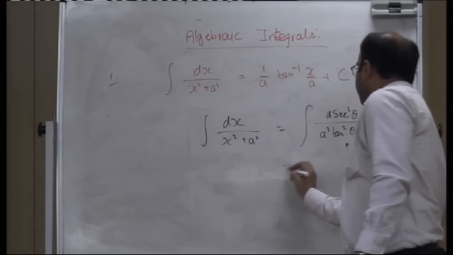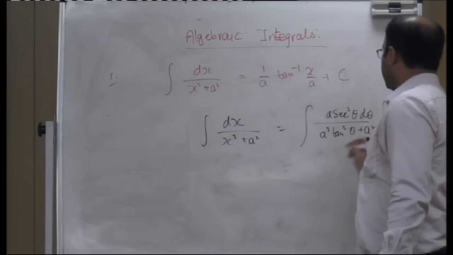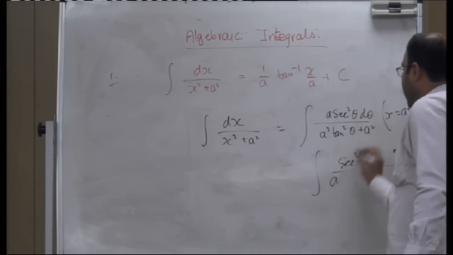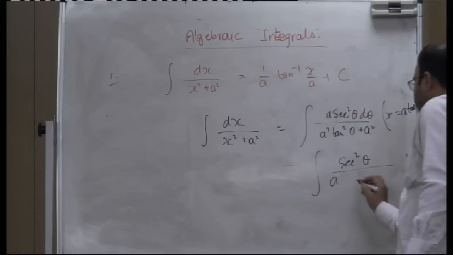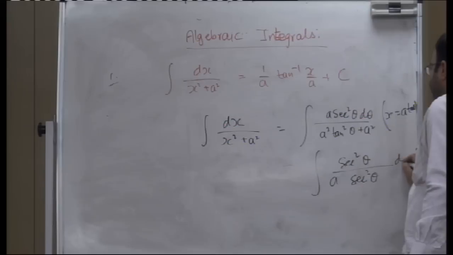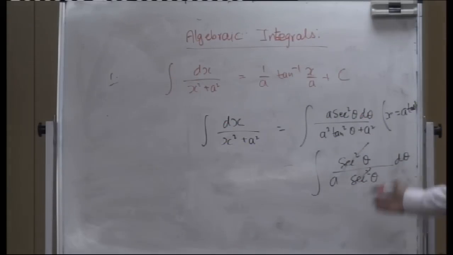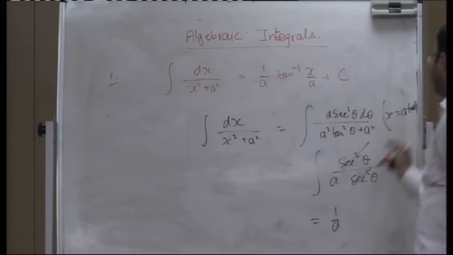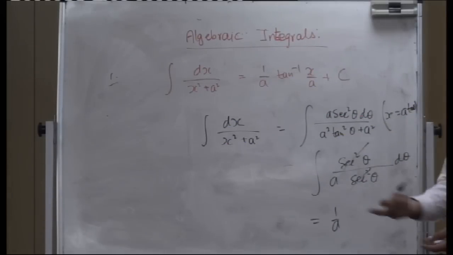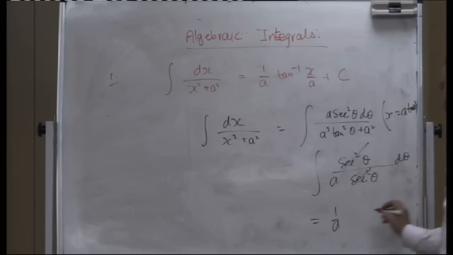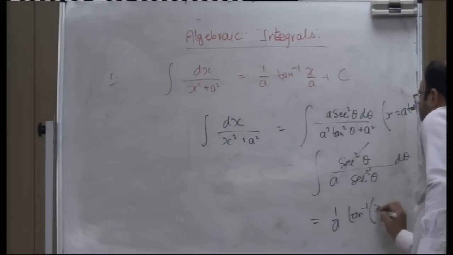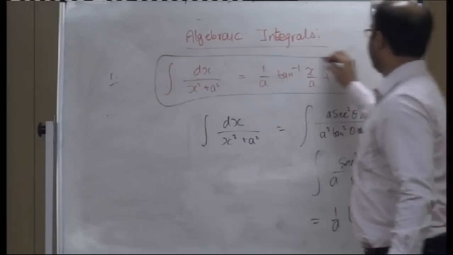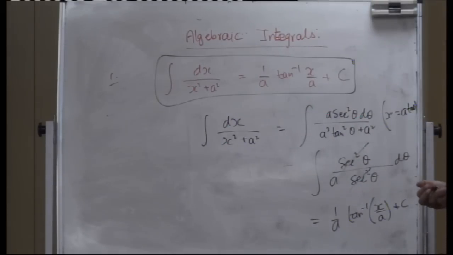So this would become a sec square theta d theta upon a square times (1 plus tan square theta), and 1 plus tan square theta is sec square theta. These two will get cancelled, and integral of d theta is theta. 1 by a comes outside, and theta is tan inverse of x by a, plus c. So we remember this as one of the algebraic integrals, 1 by a tan inverse of x by a.